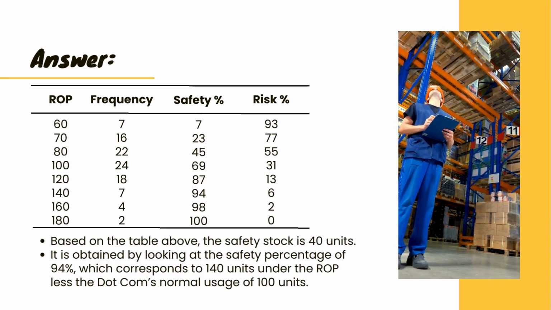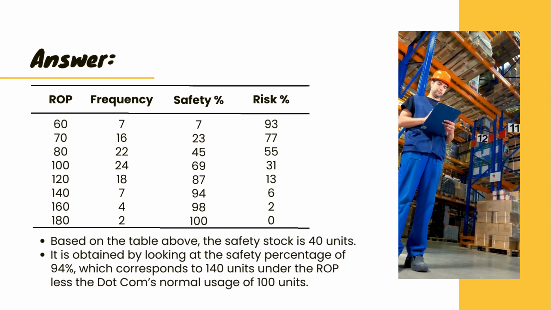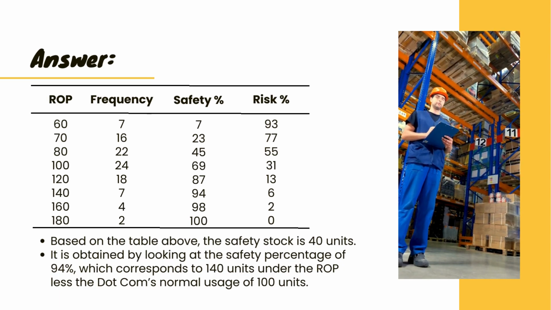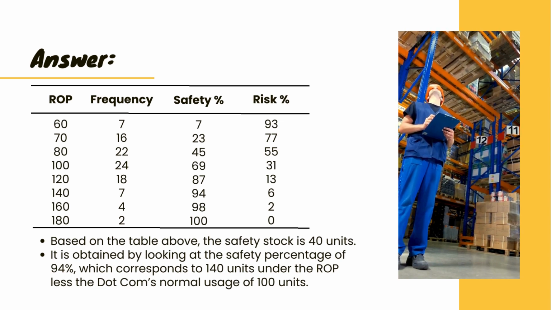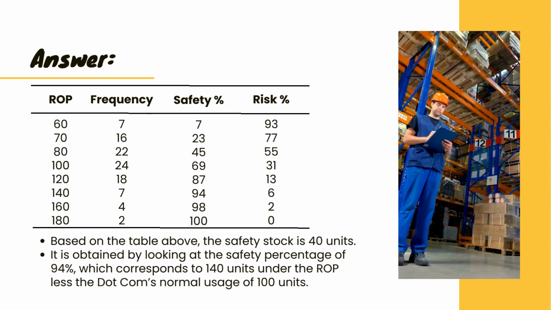So, 7% safety, tapos yung risk is 100 minus 7. So, 93%. So, sa second ROP naman, which is 70, frequency is 16, safety percent naging 23.